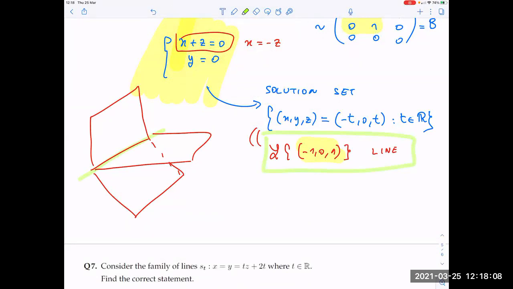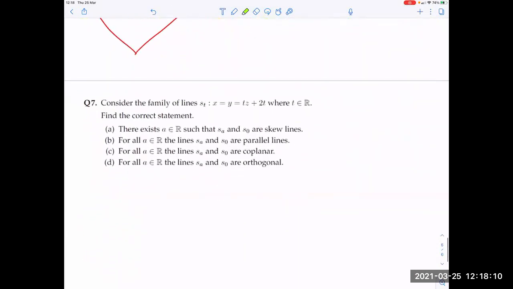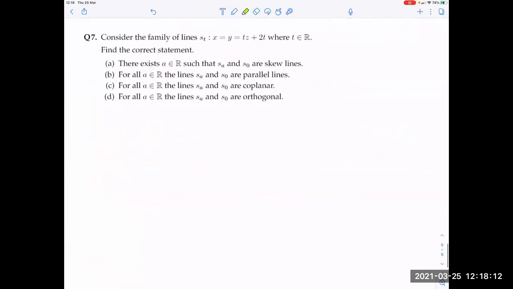Okay, good. Let's move to this one, in which you are given what people will call a family of lines. So there is a parameter. And we get not just one line, but many, many lines moving around.